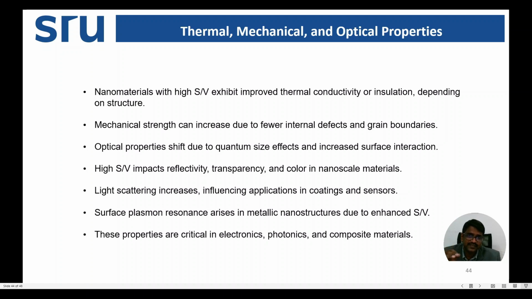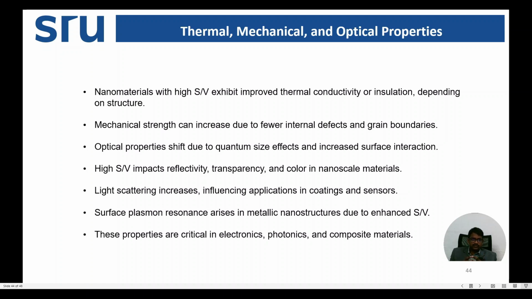We can prepare lightweight and strong materials. How can we improve that mechanical strength? By taking care in experimental conditions. For example, single wall carbon nanotubes or multi wall carbon nanotubes provide higher mechanical strength, without internal defects and grain boundaries.